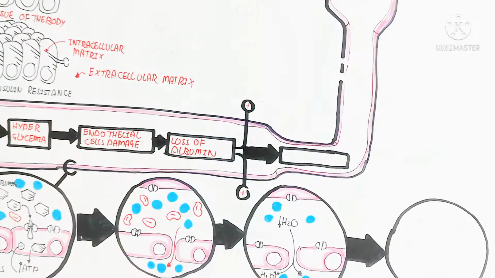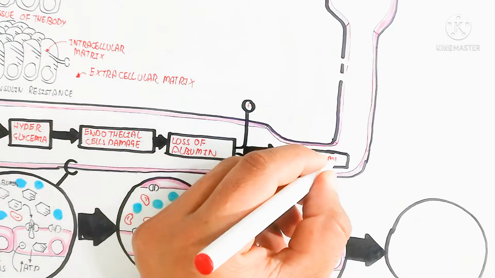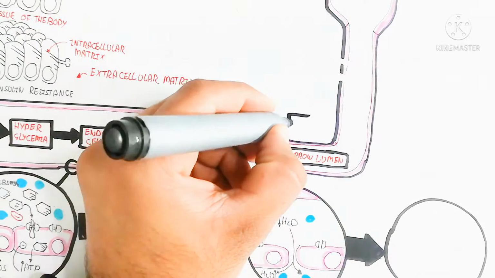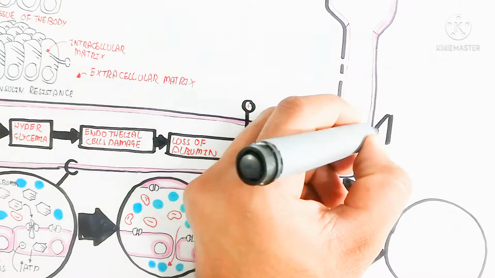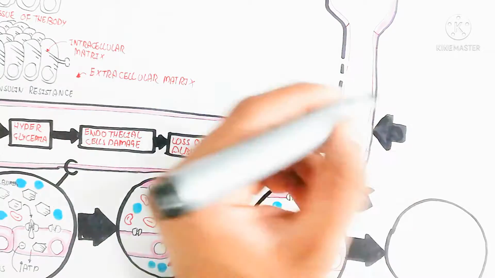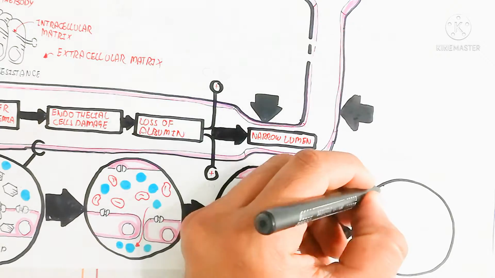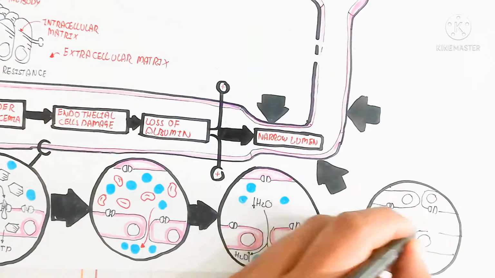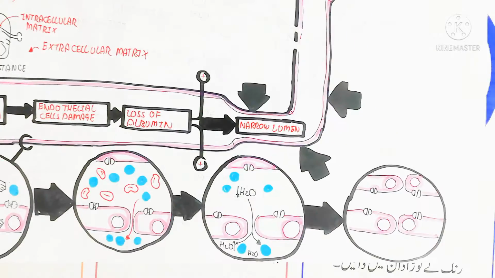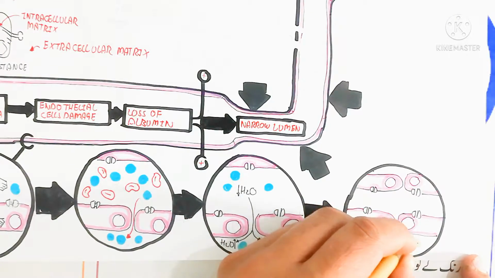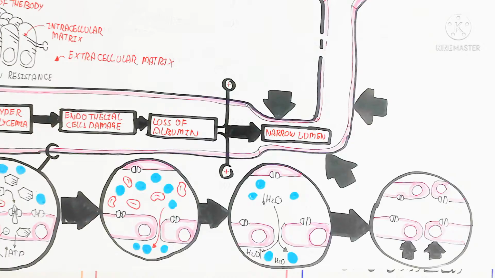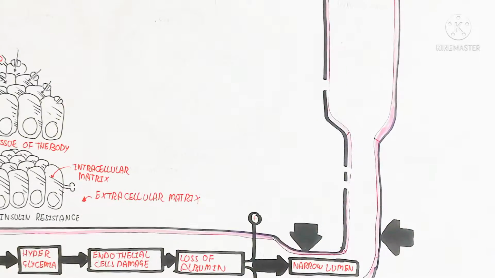So in this way you can understand the water will follow the albumin due to the negative charge in the albumin. So the water will move inside. The retention of water will constrict the blood vessel and damage it, and the lumen will be narrow. While the lumen can be narrow, the size of the artery can be more rigid and increased.